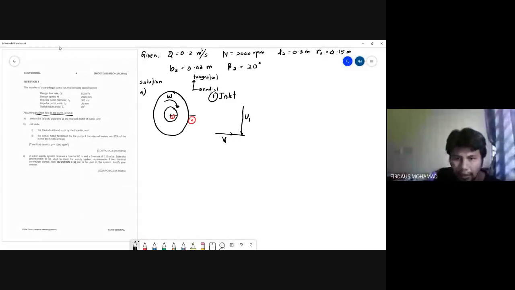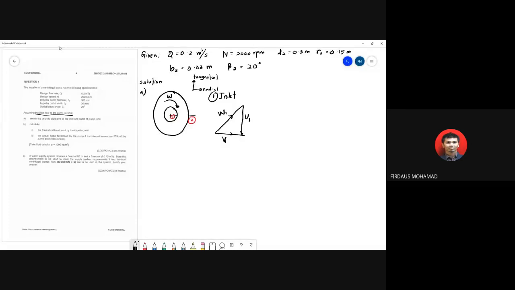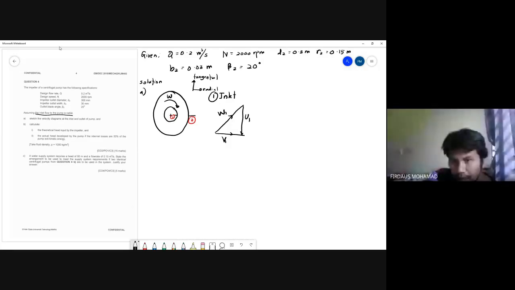And this is W, which is the relative velocity at the inlet. So V1 equals W1, the relative velocity at 1, plus the blade speed at 1.